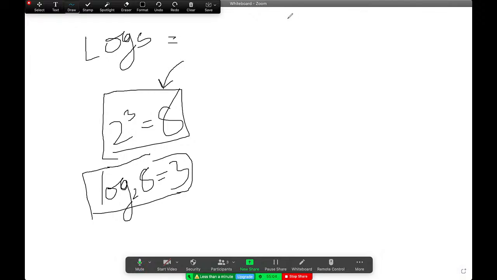Remember, we had, let's say, the power of a power rule. So let's say that p is equal to 2. So it's 2 to the power of 2 to the power of 2.